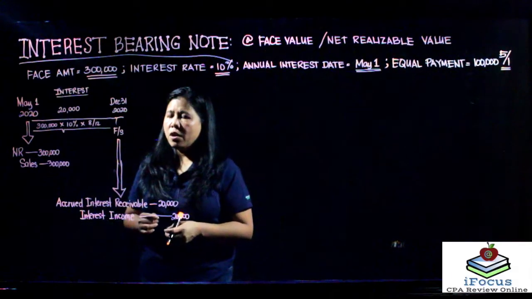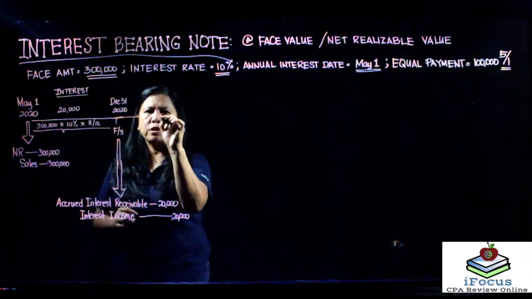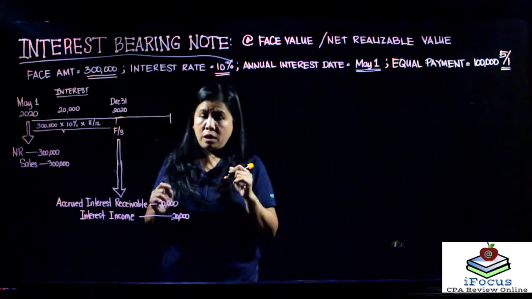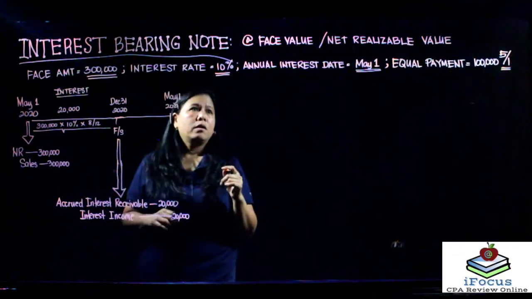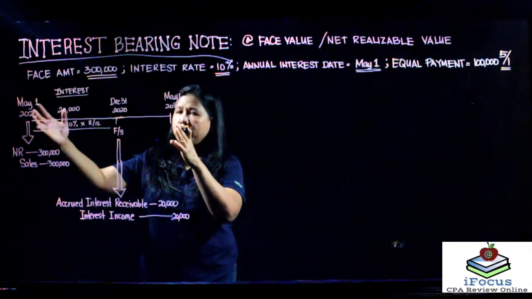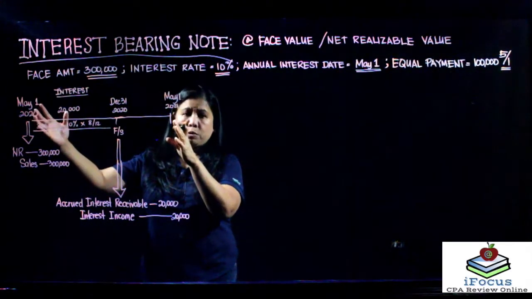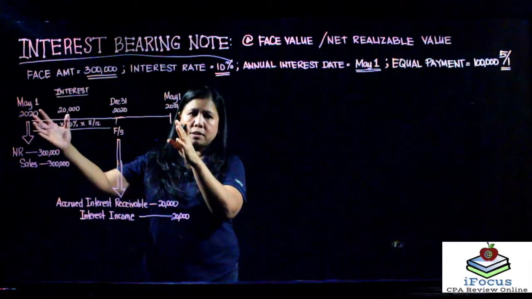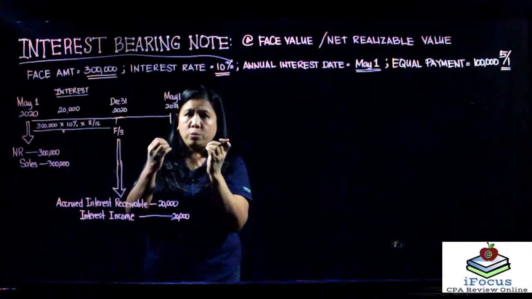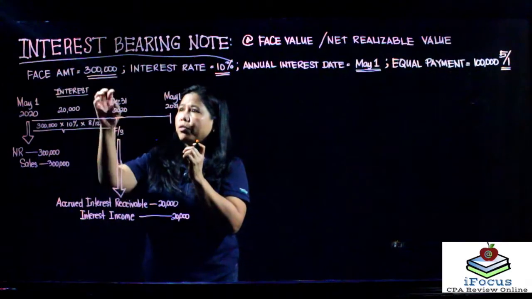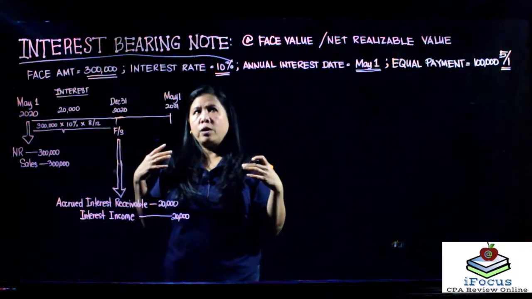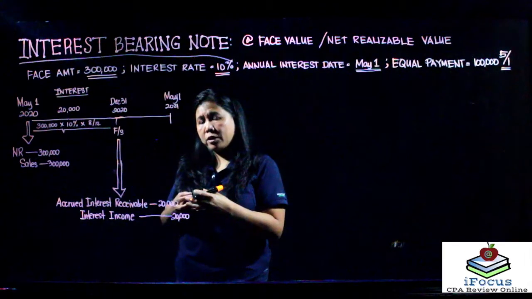All right, on May 1st, where we receive our first interest income, the maker will pay us from May 1st of 2020 up to May 1st of 2021, which is 12 months. So the computation of the cash that we will receive from the maker will be 300,000 times the 10% times 1 year. We will have 30,000 cash from the maker.